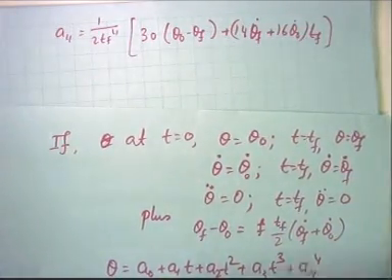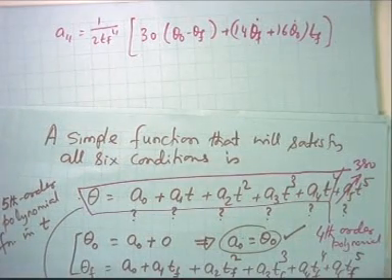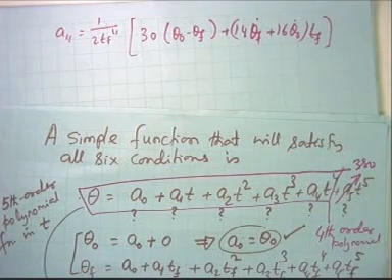So, then a fourth order polynomial would be good to estimate this trajectory.